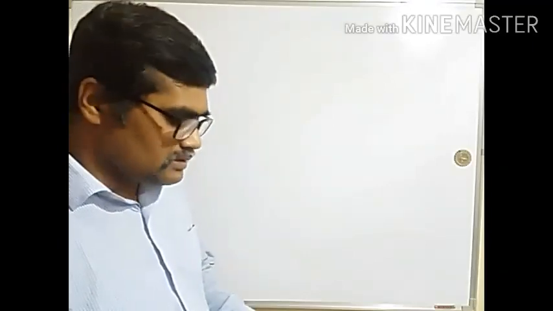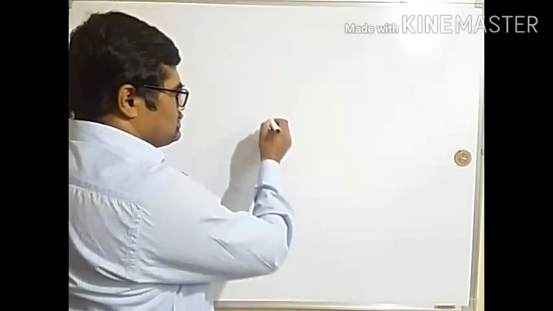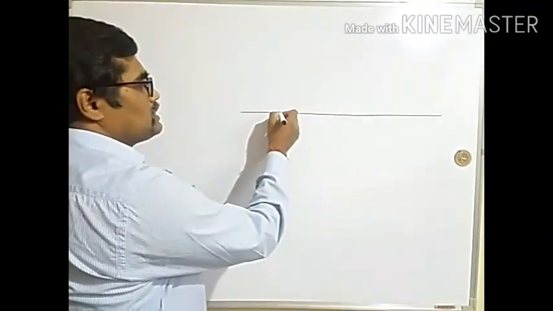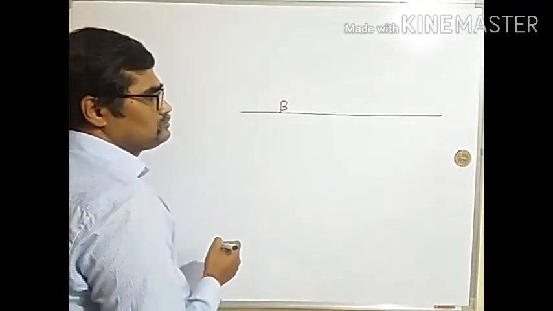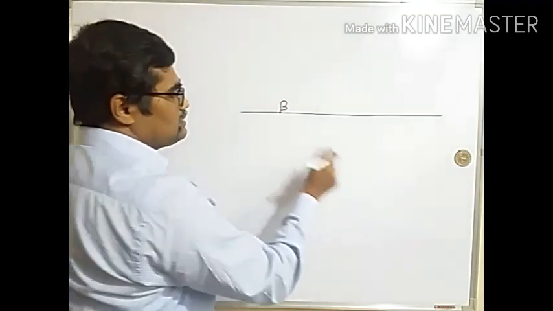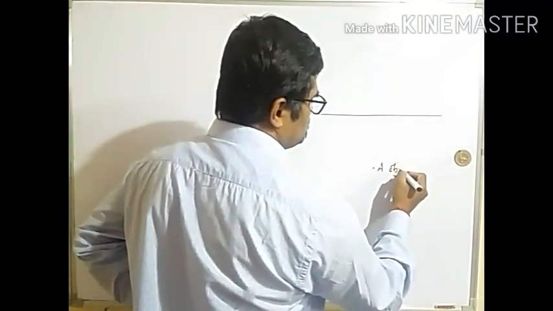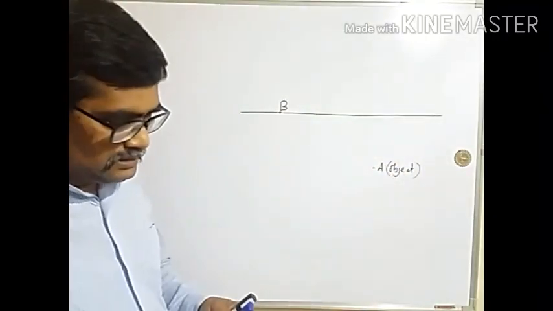Next concept is just the opposite of that. It is angle of depression. Suppose this is the horizontal line. Observer's eye is here, right? And the object is here somewhere down, right? Now I'll give you an example of what sort of possibilities are there.